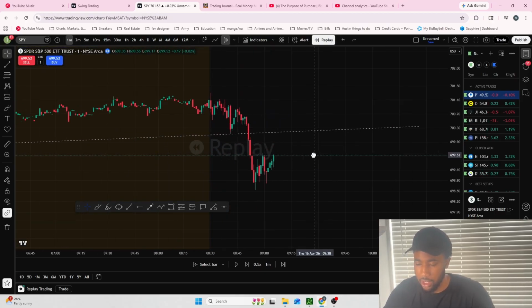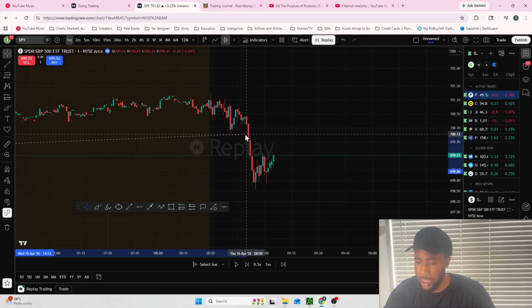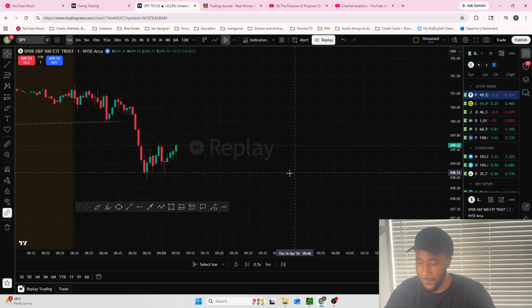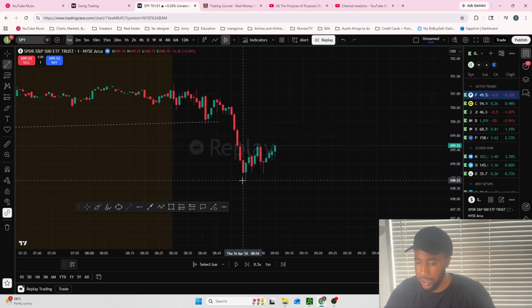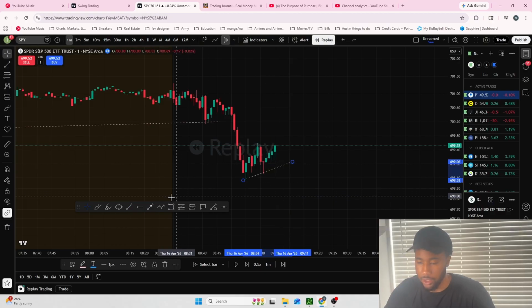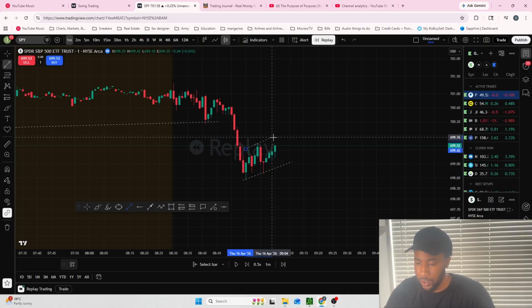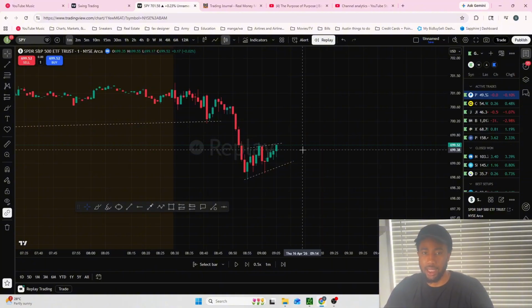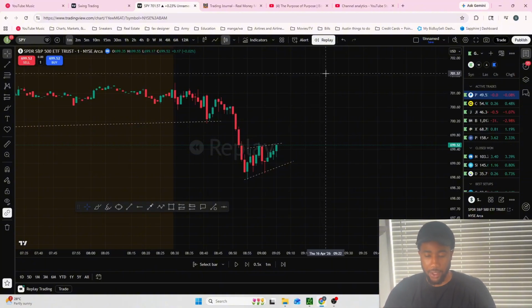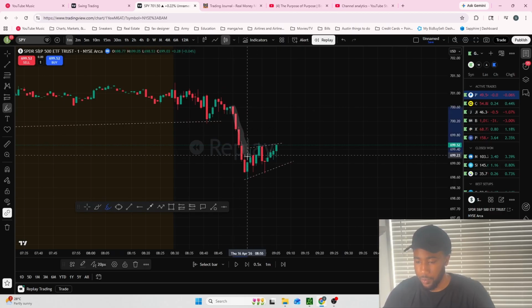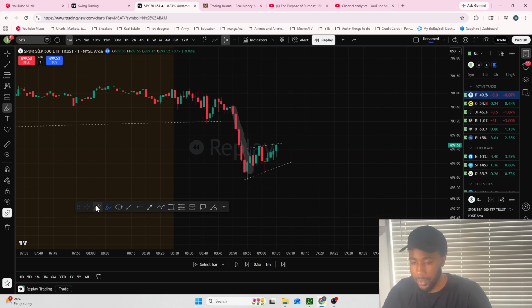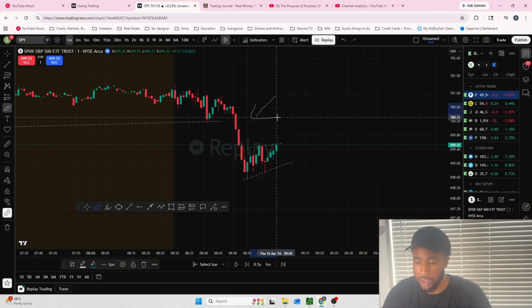So I wanted to take price to the downside. That was my bias. I was looking at this as a continuation structure. If you don't know what a continuation structure is, if the last impulsive move was down, I'm betting that this structure will also lead to a move to the downside, a continuation from the direction of the last impulse.